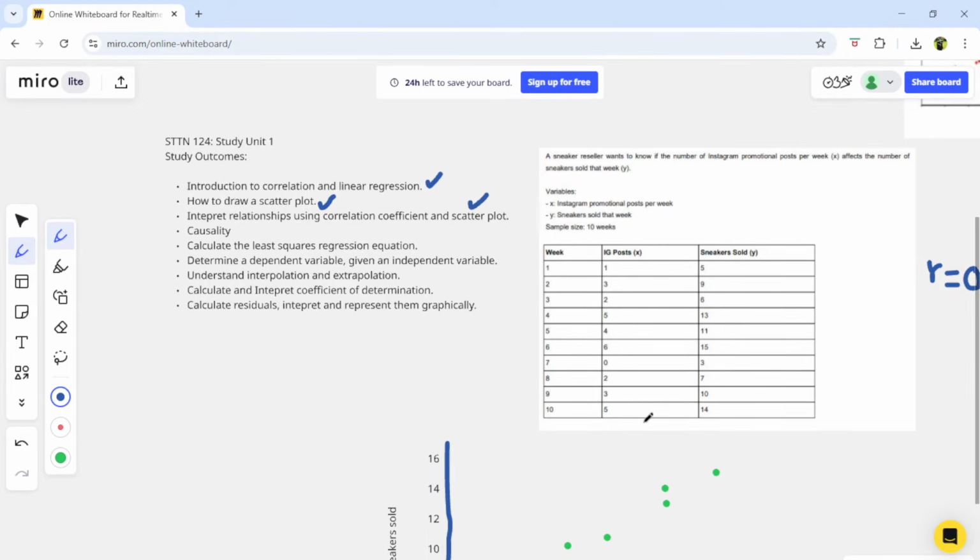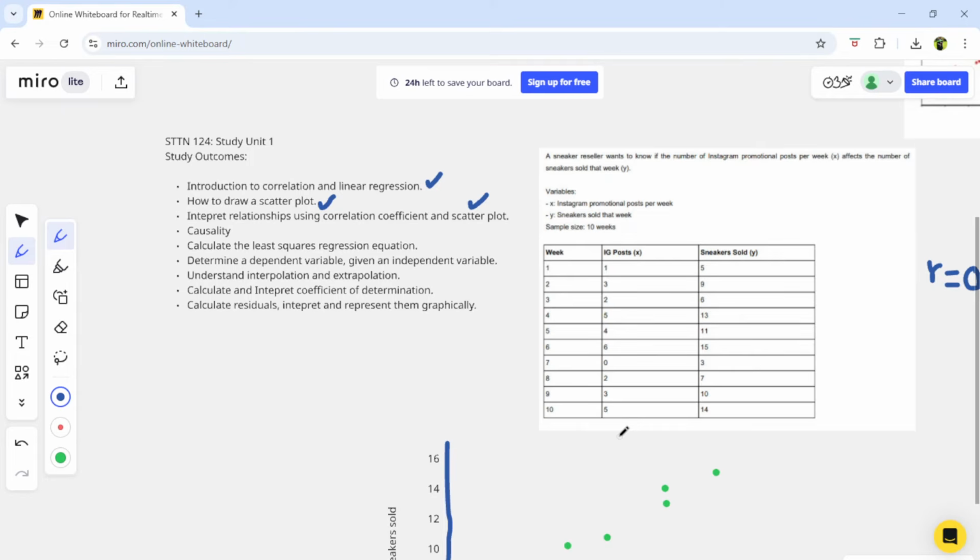To give an example, let's say the first sneaker was posted by someone working at the shop that is selling these sneakers, and then next week they made 4 or 5 posts about that same person wearing those sneakers. We don't know if that person is influential, or if they only showed the post or the sneakers to some people they know, and those people went and bought those sneakers.